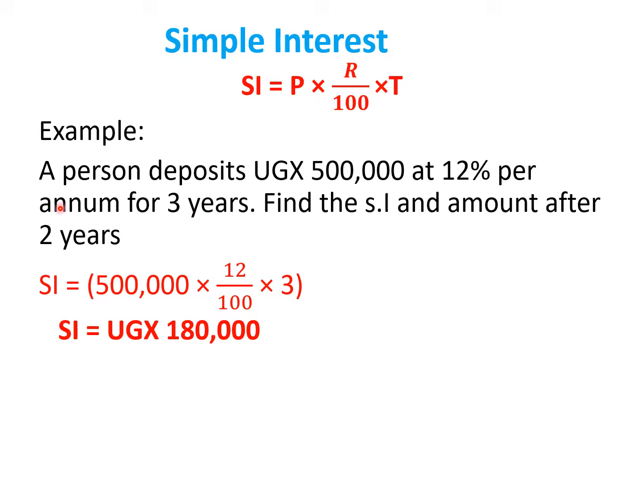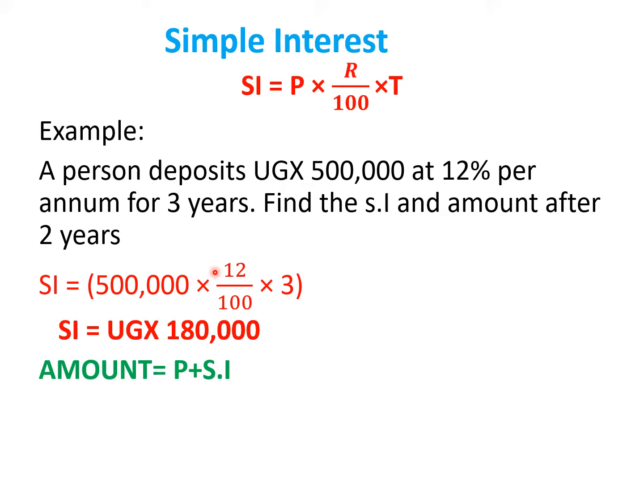They are talking of per annum, and they are giving us 24 months. It means that they are talking about years, so you have to change the time which is in months to years. And then simple amount is equal to principal plus simple interest.